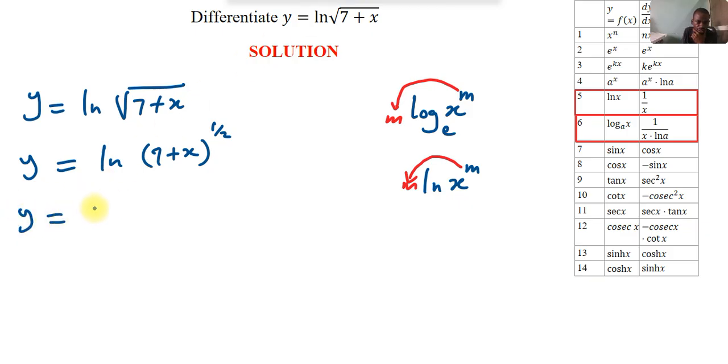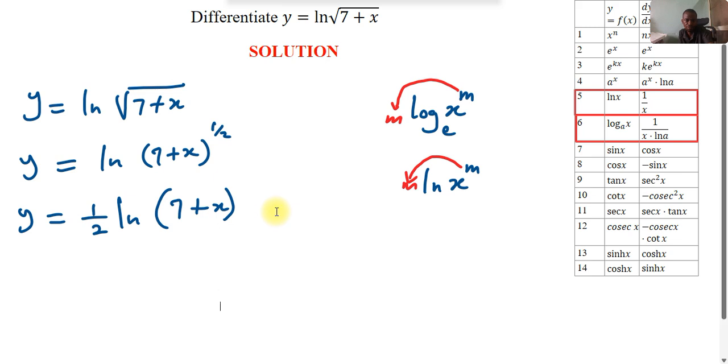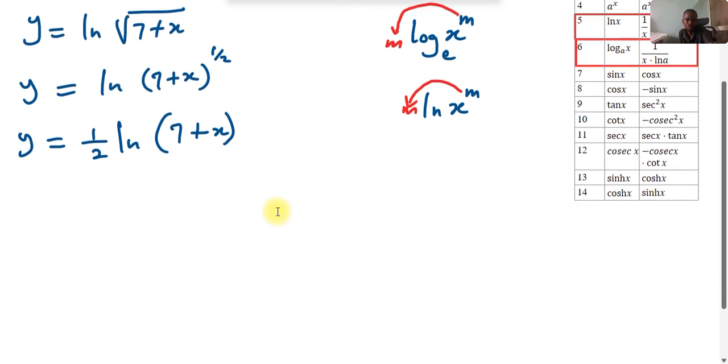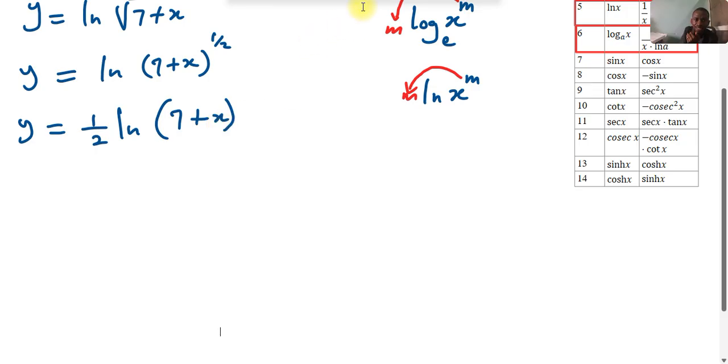So in that case, judging from the law of logarithm, we are going to have this written as y equals 1 over 2 ln of 7 plus x. This has made our work a bit easy because we are going to focus our attention on this alone now, because the half that we have here is a constant, so it's not going to disturb us in any way.